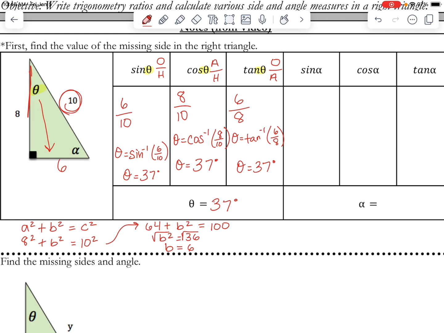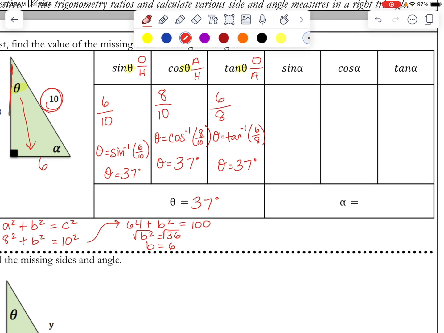Okay, now the next 3 in our chart are talking about alpha. So we are now doing the angle alpha, which is here in our triangle. So our opposite and adjacent sides will be different this time, but the hypotenuse will still be the same. So for sine, we are using opposite over hypotenuse.